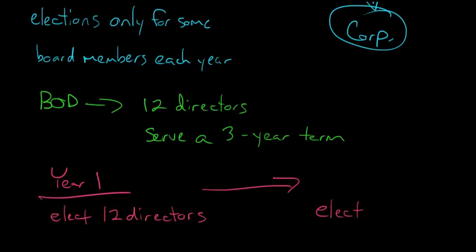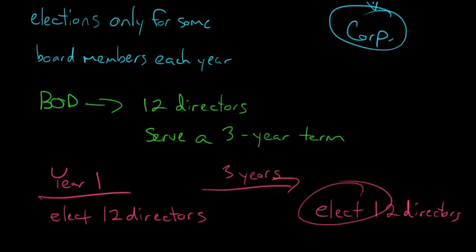We just do this every 3 years, because they serve a 3-year term. So we elect them all at once. Everybody's up for election, and then 3 years later, everybody's up for election again. And that's how we do it.